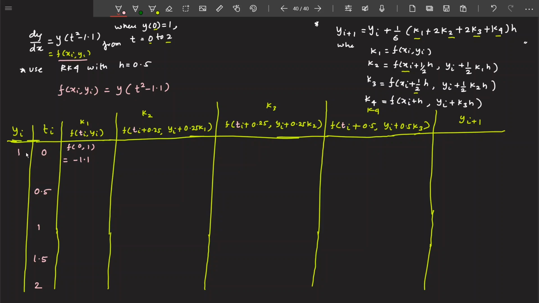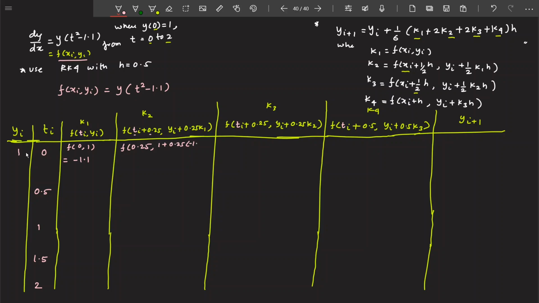Once you have done this, the next thing is to substitute the value of ti. So ti is 0 plus 0.25, so that comes out to be 0.25, comma yi is 1, so this is going to be 1 plus 0.25 into k1.